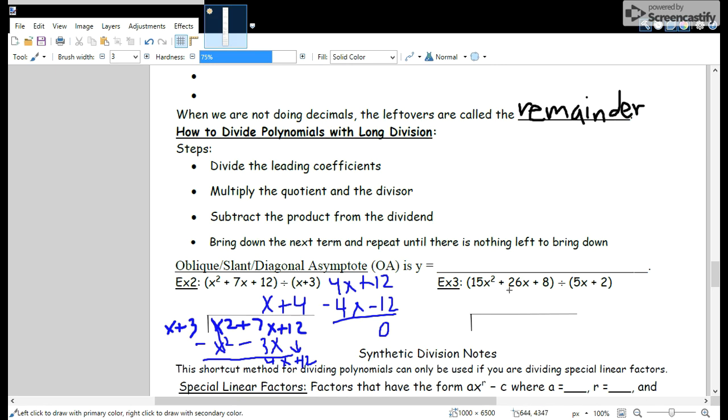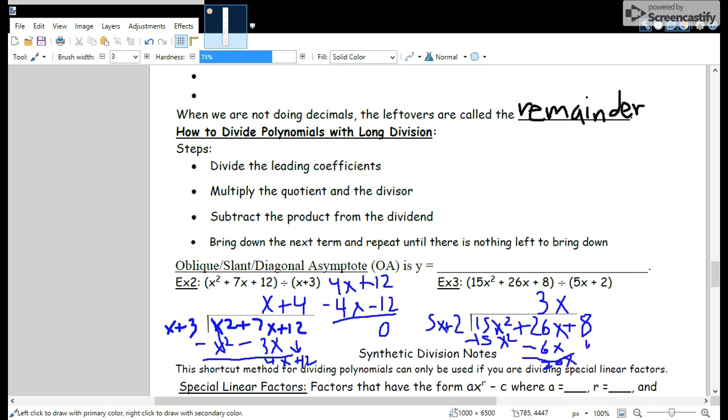Okay, let's look at the next one. We have 15x squared plus 26x plus 8 divided by 5x plus 2. Okay, divide the leading terms. 15x squared divided by 5x is 3x. Multiply: 3x times 5x is 15x squared. 3x times 2 is 6x. Change the signs and subtract. We have 20x right here.